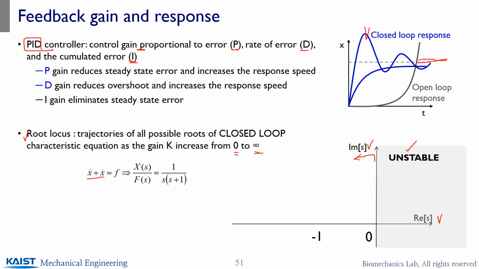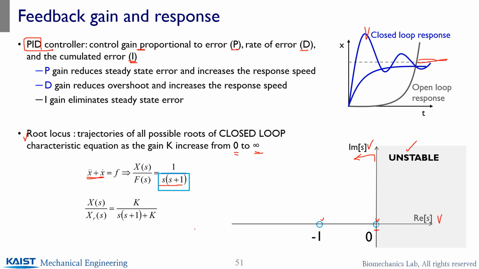So for example, suppose you have an open loop system like x double dot plus x dot. This is just a stable system, and its open loop poles are s equals 0 and s equals -1. So these two points are open loop poles. This pole is okay, and then this one is oscillatory. So you want to make it sort of reduce its magnitude over time. So you should do the control.